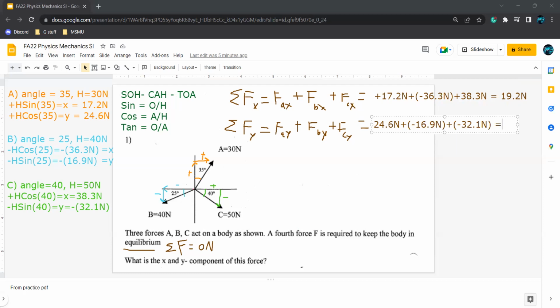So this 24.6 equals negative 24.4 newtons. Okay. So we know that these two vectors are what are going to be our vector components for our unknown force, right? Because technically in all of these, we also had the unknown force added in there, and that's why it should equal 0.